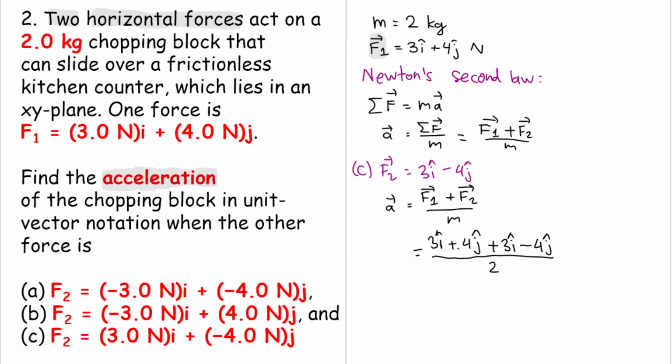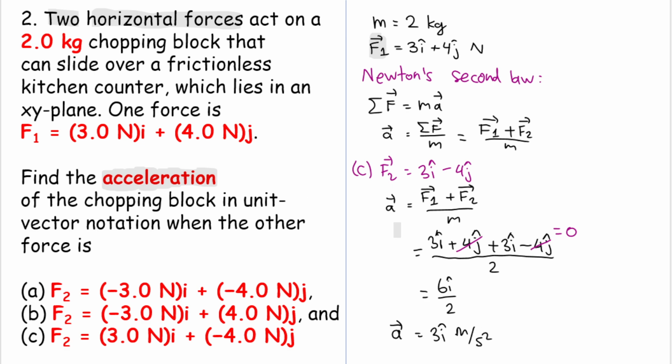And this 4 and minus 4 will cancel into 0. And we only have 3I plus 3I left. So in the numerator, we will have 6I divided by 2. And so, finally, we will have A here, that will be 3I. And the unit here is meter per square second.